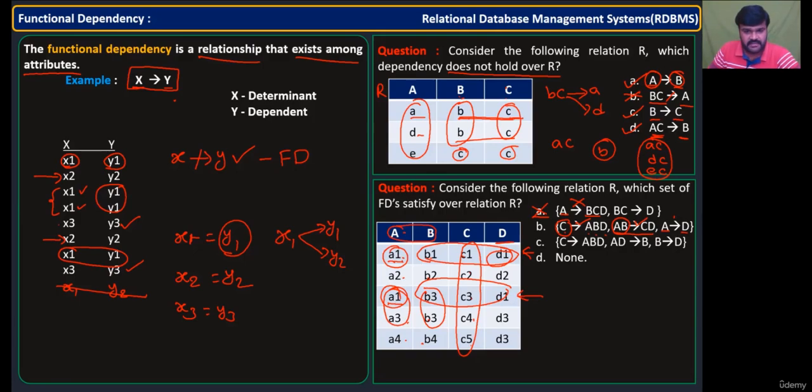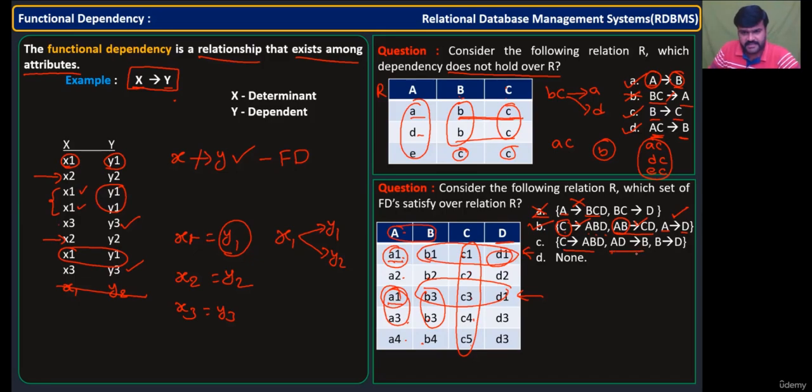Wherever you have A1, those places have D1, and the remaining appear one time only. So this is a valid FD. So all FDs are valid, and option B is the correct one. This is a repeated FD, also there above. So you can go for the next.